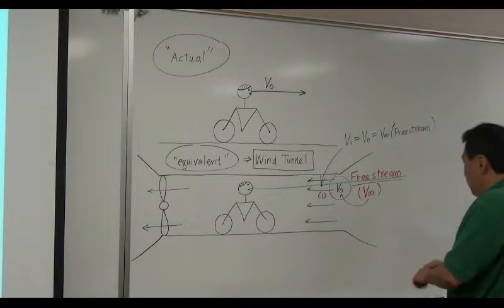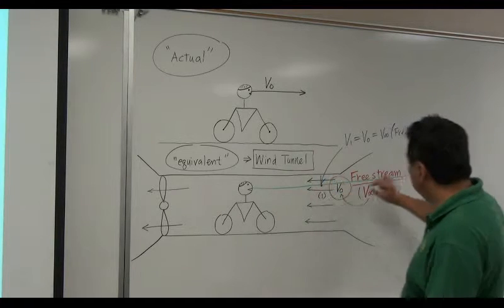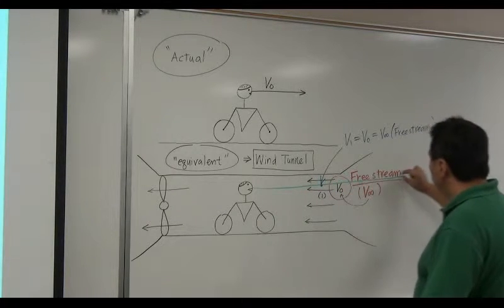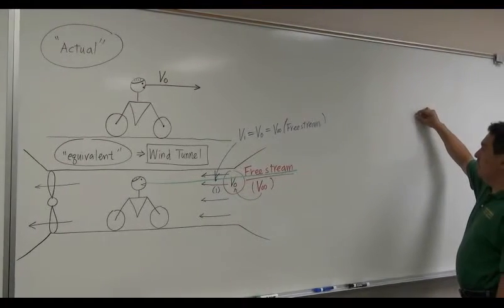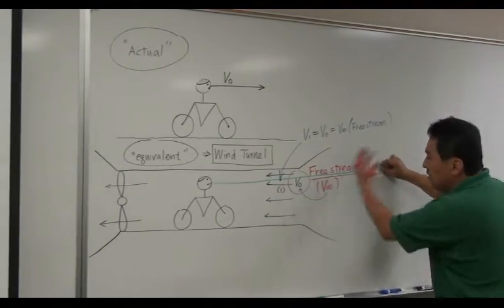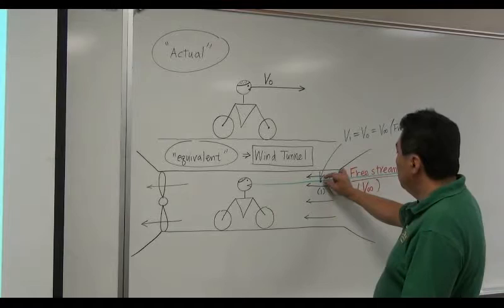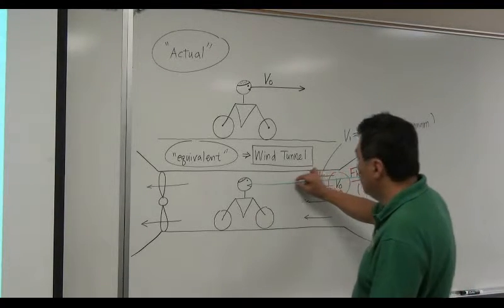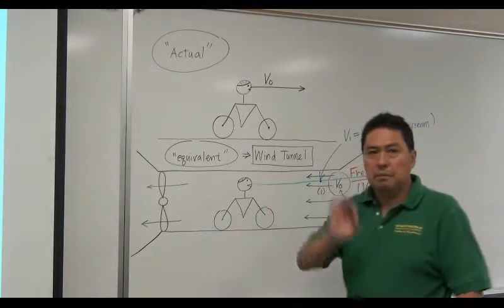So if you pick up a small tiny particle of air which is moving along this free stream, the particle starts from really far away, slowly picking up speed and sucked into the wind tunnel, then accelerated to velocity v1 here, and then bang, hits the face of this person, stops to 0.